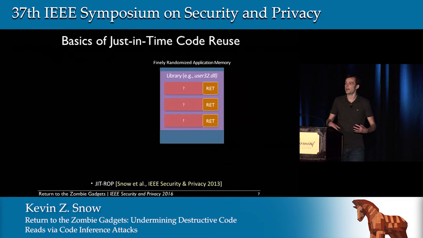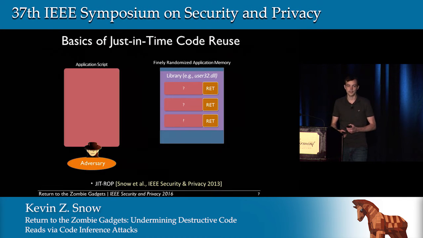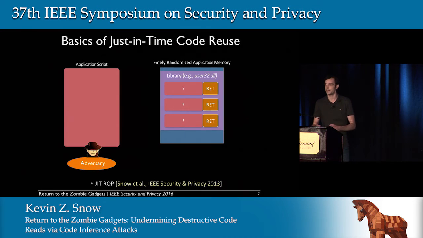So at this point, we have application memory that's been totally randomized, but we can't forget that the attacker is launching their attack from a script that's supported in the application they're exploiting, like JavaScript in a web browser. So unfortunately, the attacker is not restricted to using this memory disclosure vulnerability a single time.